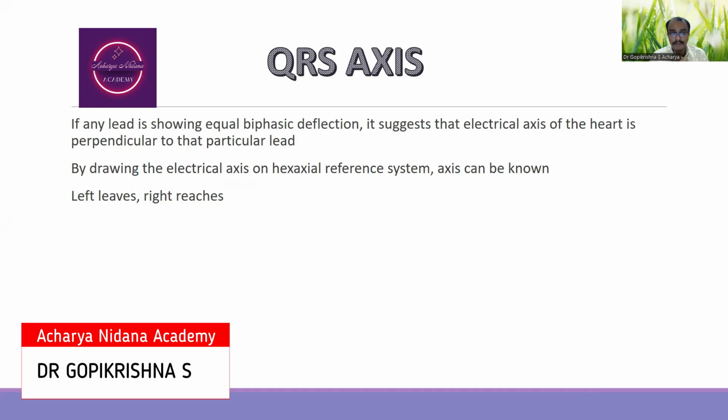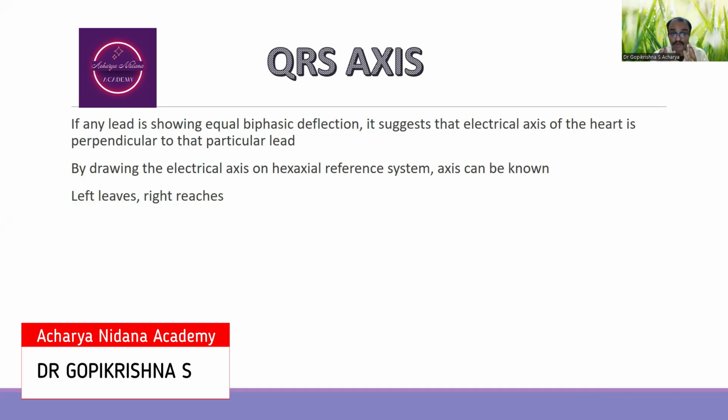When you think about the identification, there are two different methods. You have to see rule 1, that is, the equiphasic, or biphasic, deflection. You have to note it, then see the perpendicular axis to that particular biphasic deflection lead. Then you identify which lead has a positive deflection among those adjacent leads.